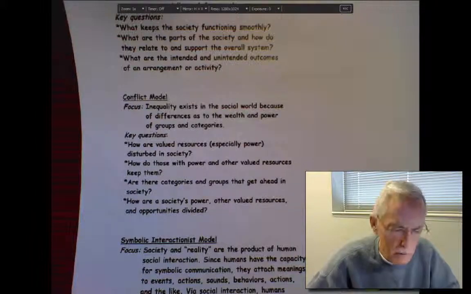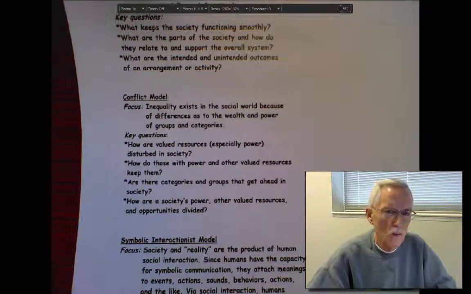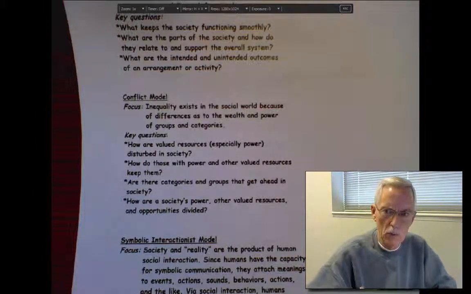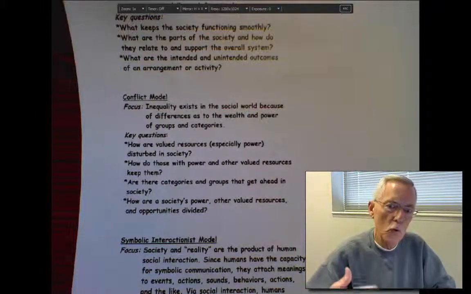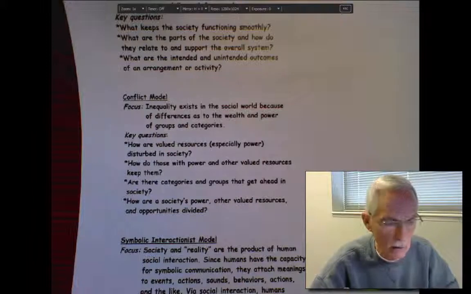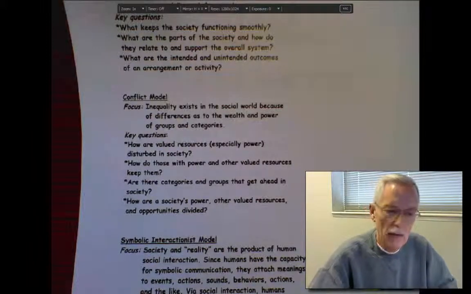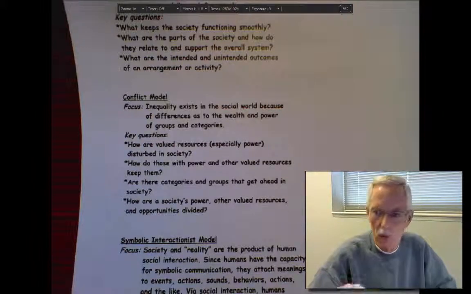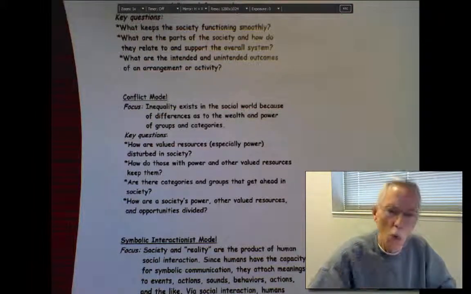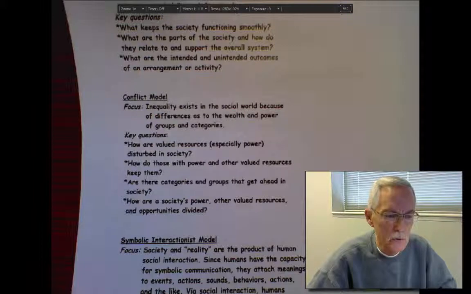Over on the 9th page of your study guide, one particular technique that the powerful, those who have access to these highly valued resources, might employ to maintain their status, their position, their hold on these valued resources, is through what Marx called false consciousness.